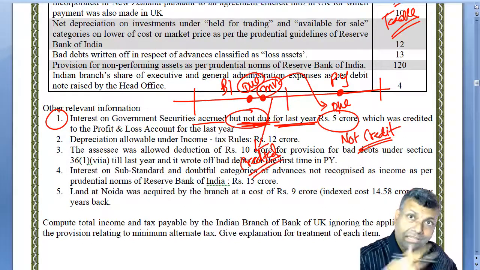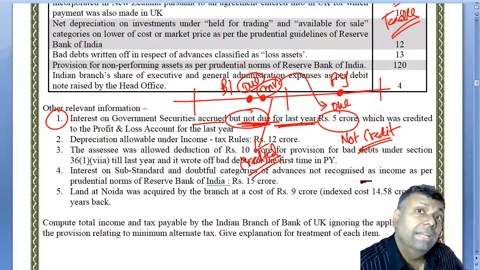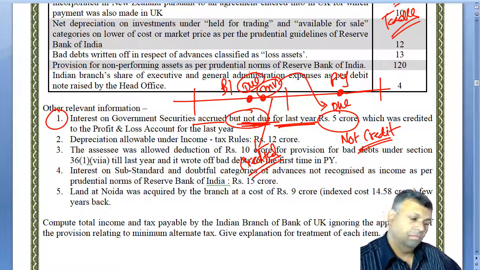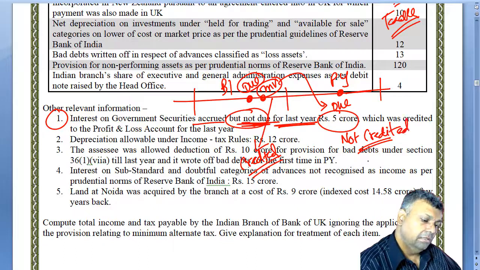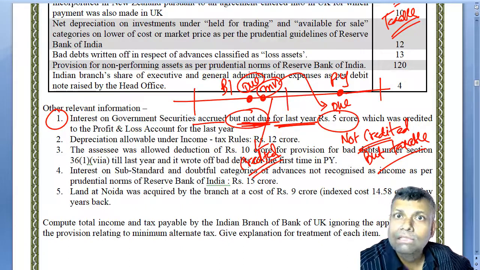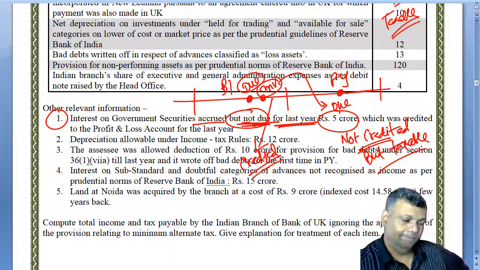So in the previous year there is no credit, but it is a taxable income of the previous year because it has already fallen due in the previous year. So it is not credited but taxable. And this is the concept of interest on securities, always taxable on due basis.